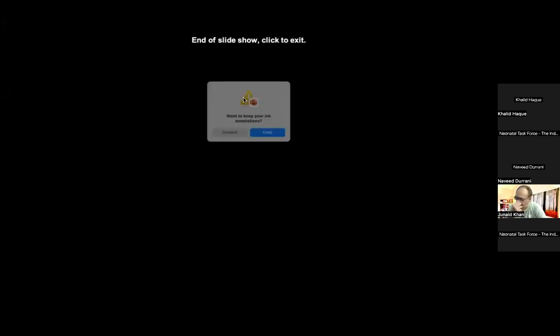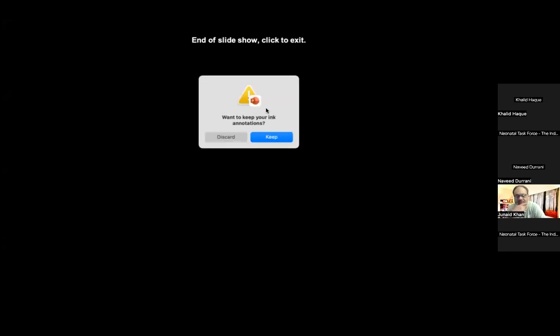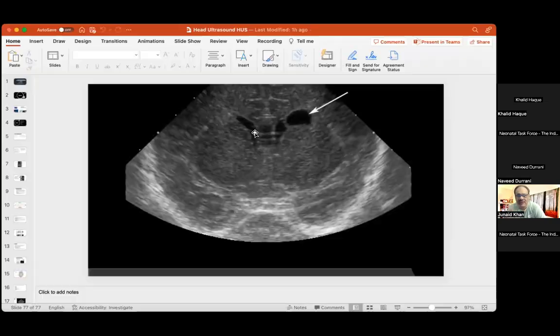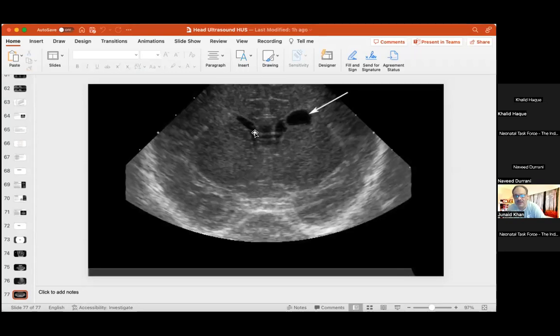To make this question clearer: the importance of the ventricular index, how much it is increased, and when to tap. This is the main question. Yeah, on the basis of ventricular index. I think we have a topic on post-hemorrhagic ventricular dilatation, someone is presenting.